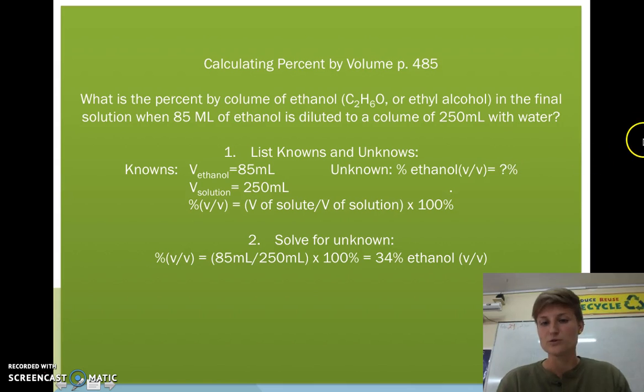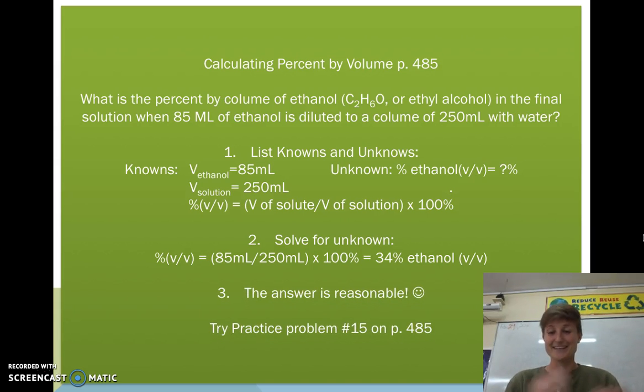What we don't know is the percent of ethanol by volume. So we plug those in. 85 divided by 250 multiplied by 100, and you get 34% ethanol. So the answer is reasonable. Again, you can find out why on page 485. But go ahead and do practice problem number 15 on page 485 for me.